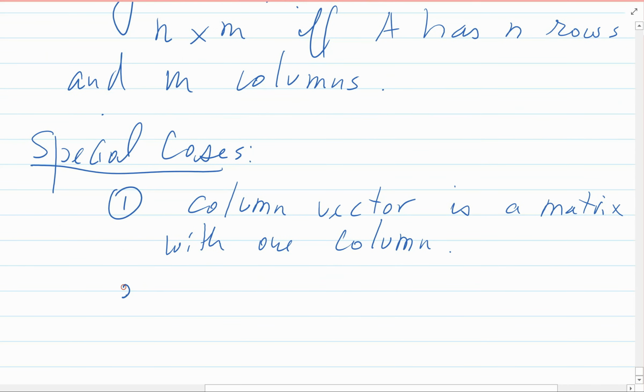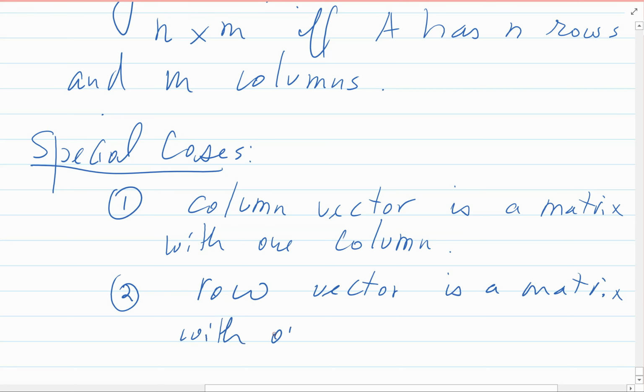And of course, similarly, we have what's known as a row vector, which is a matrix with 1 row. So for the case of a column vector, it's going to be the number of rows by 1, while here there is one row, so it's going to be 1 by the number of columns. Okay?